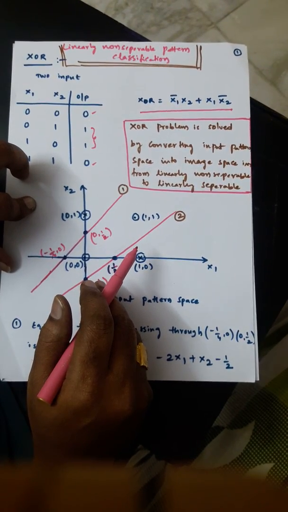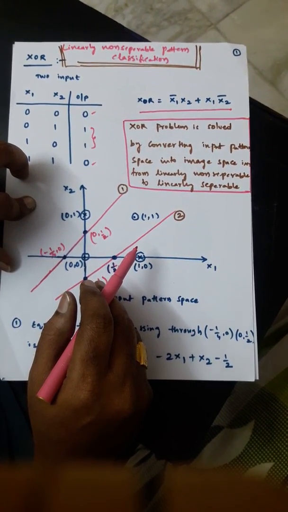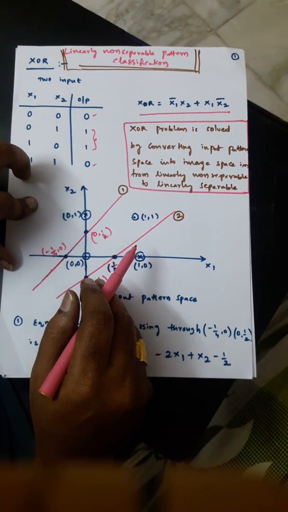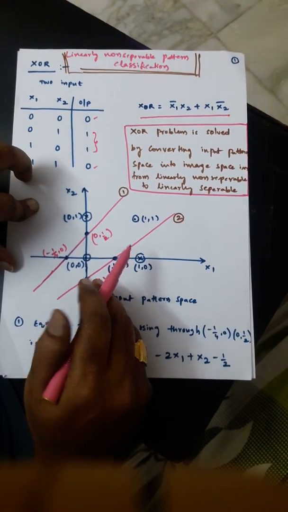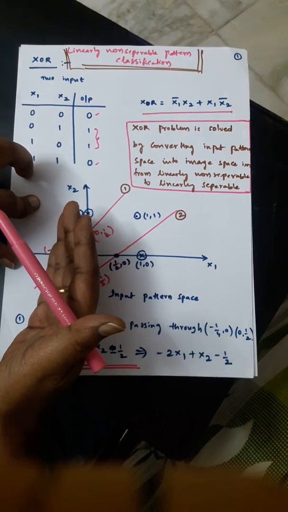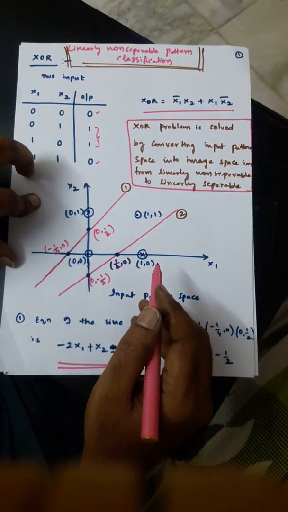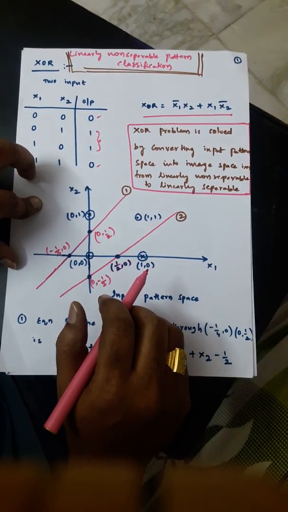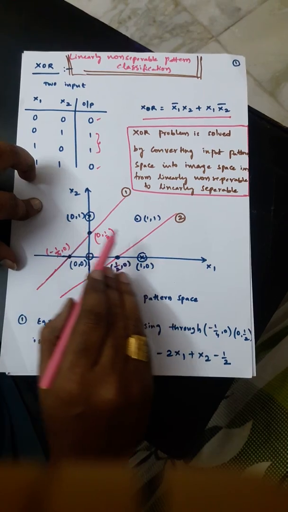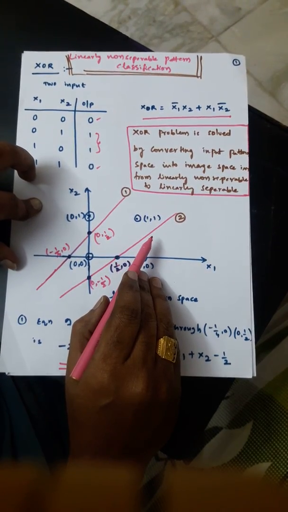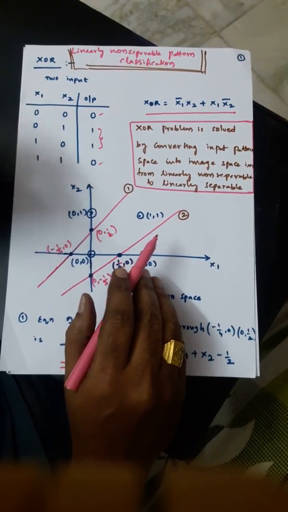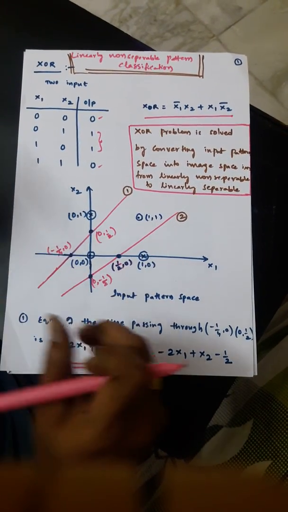That is, linearly separable pattern classification will be possible in image space. So I am going to convert the input pattern space into image space, that is, in other words, from a linearly non-separable condition to a linearly separable condition. So we'll see how it can be done. I hope you are able to follow me.